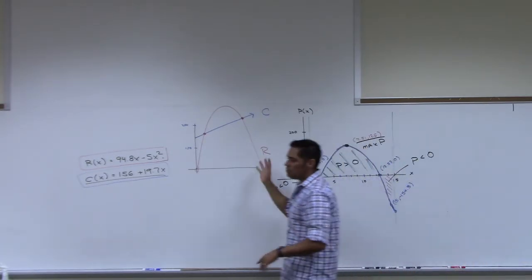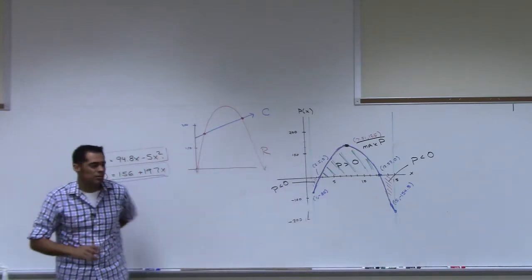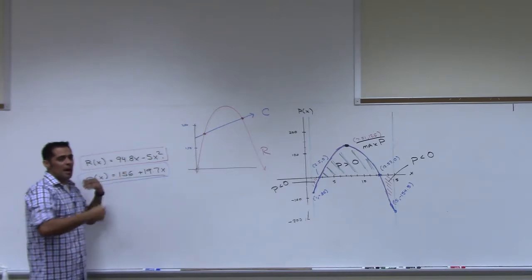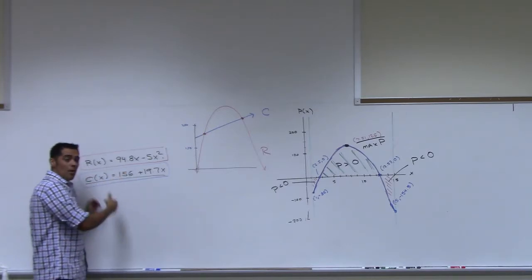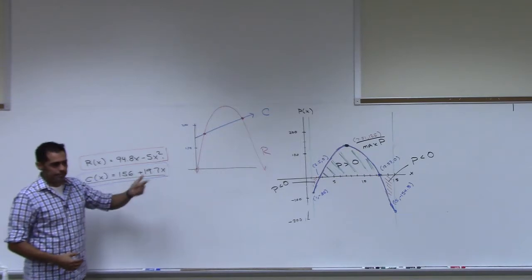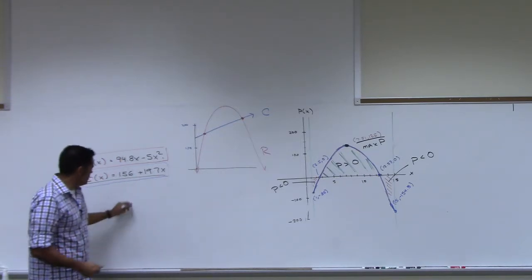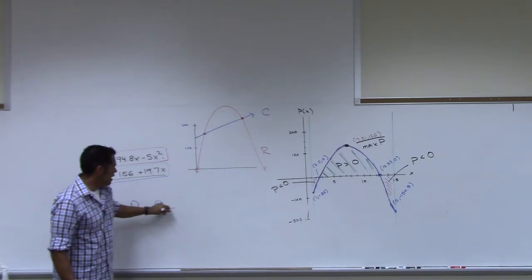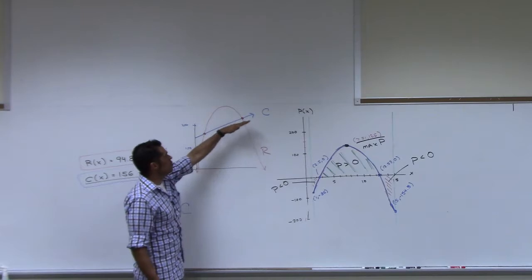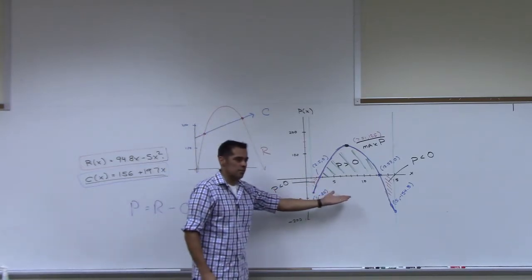I do not like to graph the revenue and costs separately and look at that graph. I like to create the profit function and graph the profit function. Remember, profit is revenue minus cost. So I'm just taking the red function, subtracting the blue function, and that creates this one.